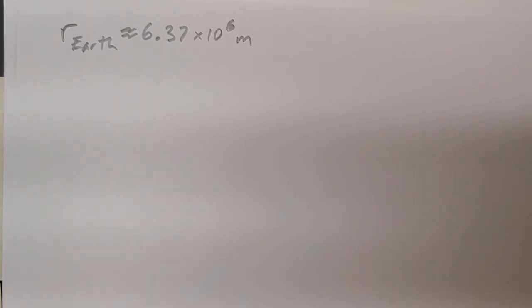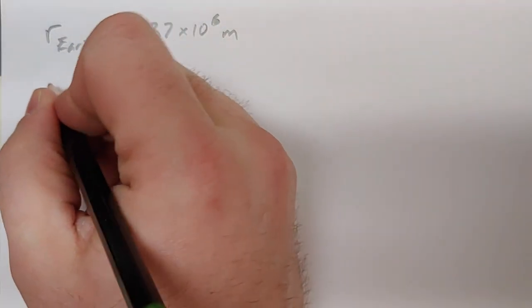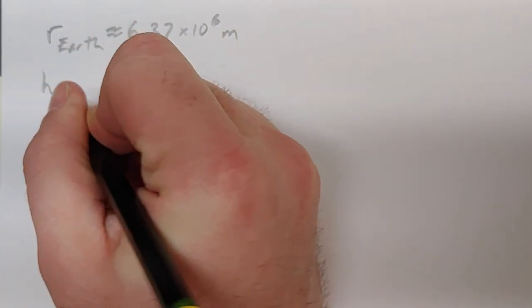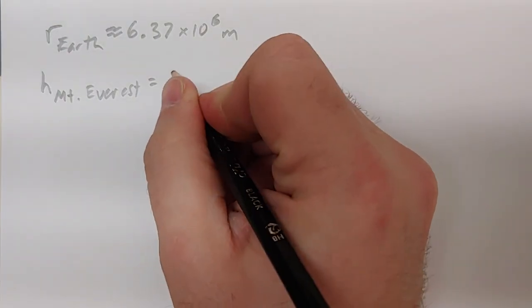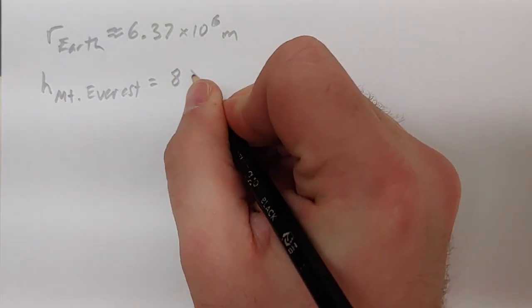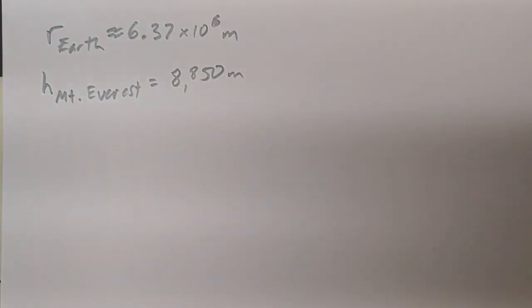We're going to use this as roughly the radius of the Earth. It's going to get us close, within a sig fig, which is fine. If you're just standing on the surface of the Earth, that's what we've got. And if you go to the highest point on the Earth, the top of Mount Everest, the height of Mount Everest is roughly 8,850 meters, so almost 9 kilometers, several miles up.